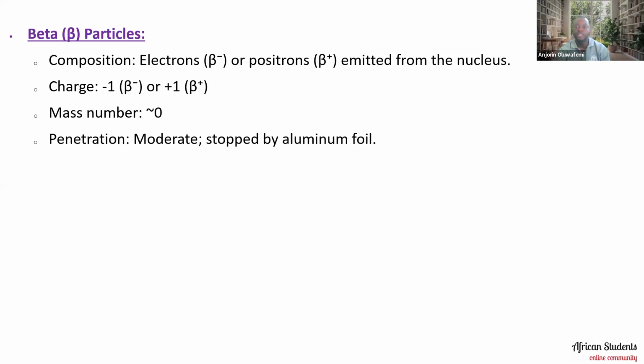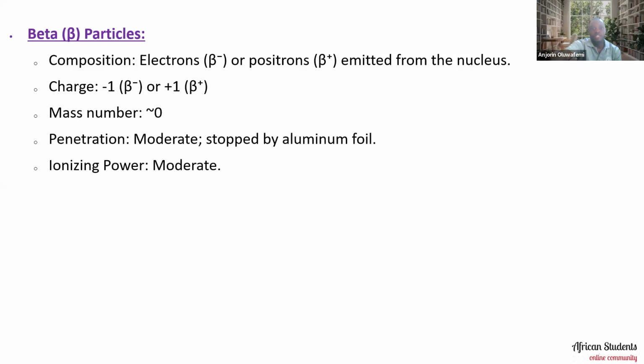In terms of penetration, it's moderate. It has moderate penetration compared to alpha particles. It is stopped by aluminum foil. So in comparison to alpha particles, it has better penetration. And it has a moderate ionizing power.